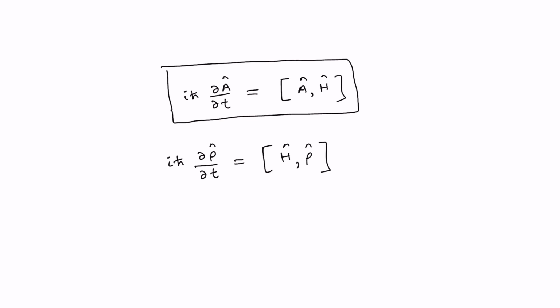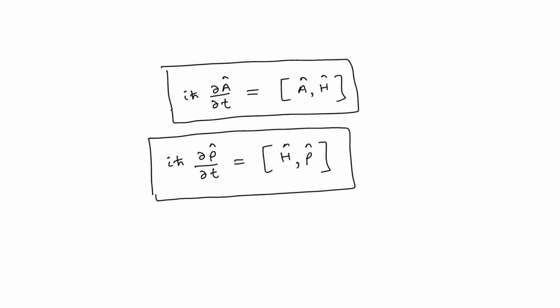If you look at both this Heisenberg equation and the Schrodinger-von Neumann equation, you will immediately see that the density operator is not obeying the Heisenberg equation, and that is because rho, the density operator, does not represent a physically observable quantity, rather it represents a quantum state.